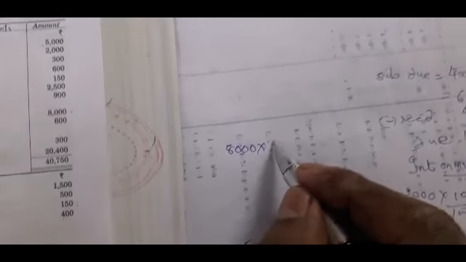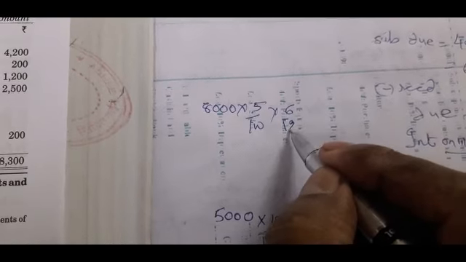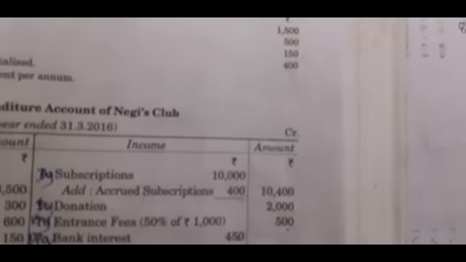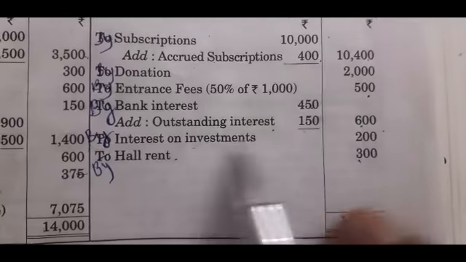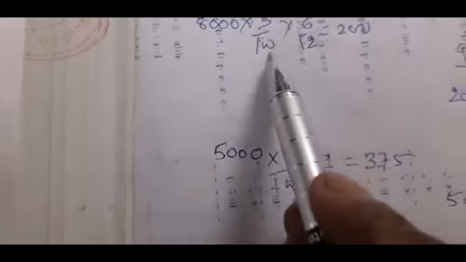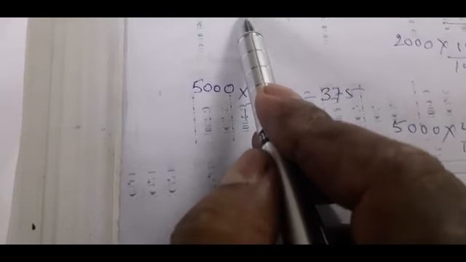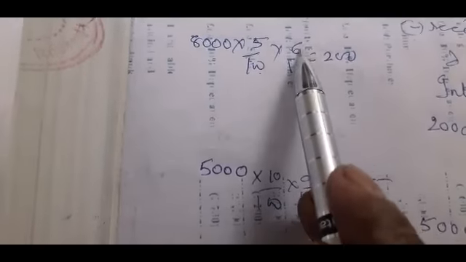So interest due on these government papers is 8,000 into 5% for September to March, 6 months, which comes to 200 rupees. So accrued interest on investment is 200 rupees. 800 into 5% for 9 months, from September to March.